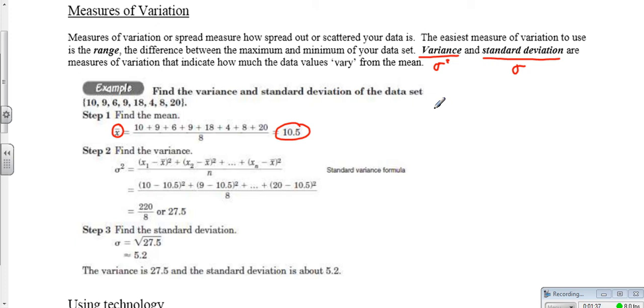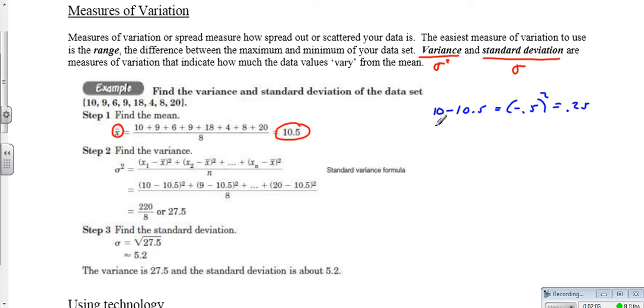I take the data point, which is 10, I subtract 10.5 from it, and I get negative 0.5. And then I square it. And that number, since it's negative, but since I square it, the negative will disappear and I get 0.25.